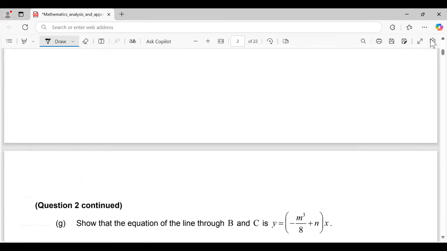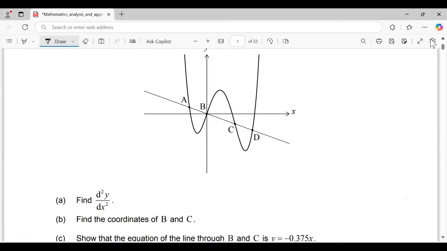The inflection point is at the middle of the maximum point and minimum point.